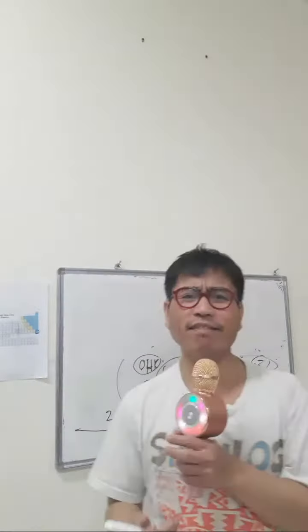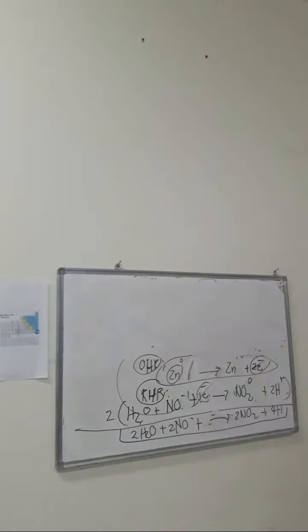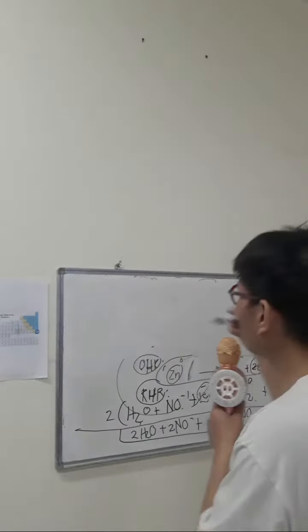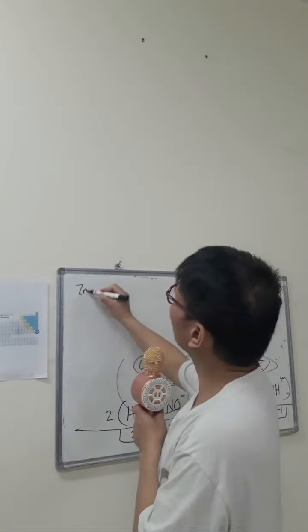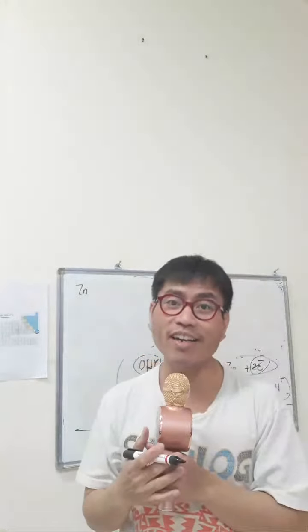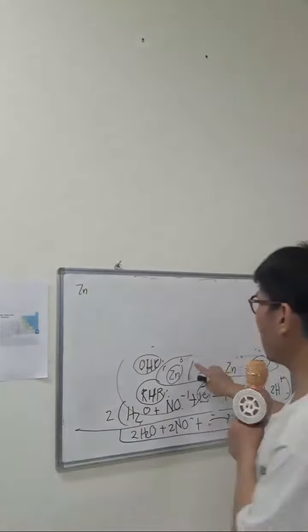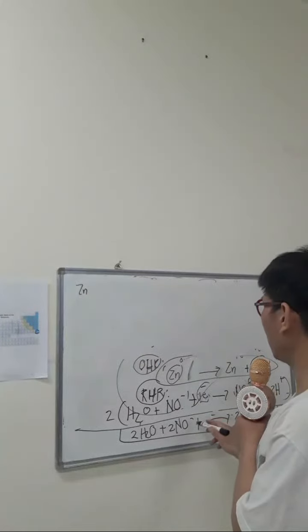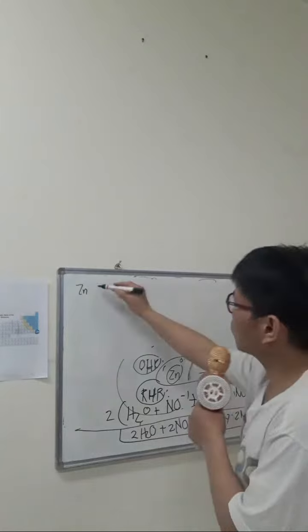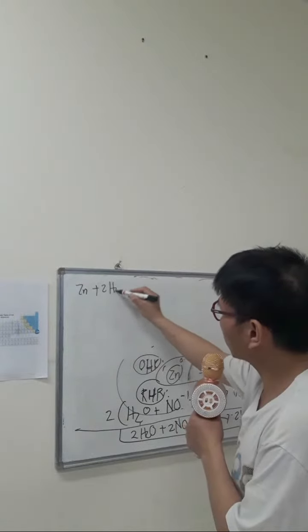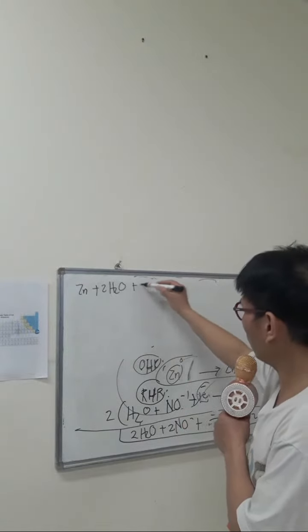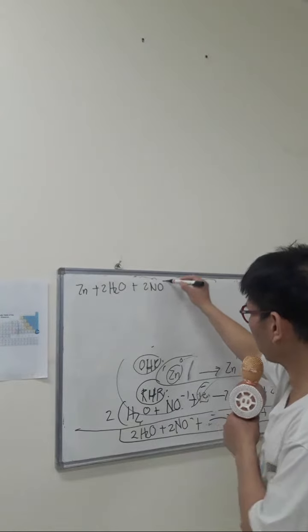So I will group all the reactants and group all the products. In this case, in equation 1, I have only zinc in my reactant. When I say reactant, that's on the left. So zinc, and then from the other reaction, the reduction reaction, plus 2 moles of water is in the reactant, and the 2 moles of nitrite.